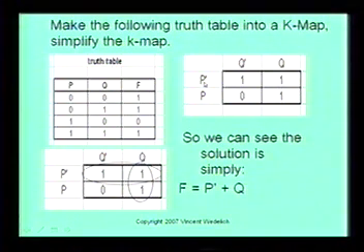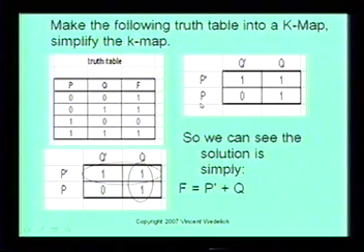So when P is not and Q is not, that means when P is a 0 and Q is a 0, the result is a 1. So you see that? 0, 0 is a 1. If not P and Q is a 1, then the output's a 1, so we put a 1 right there.